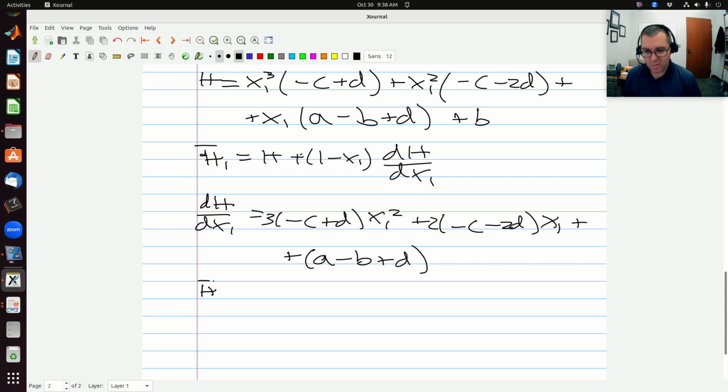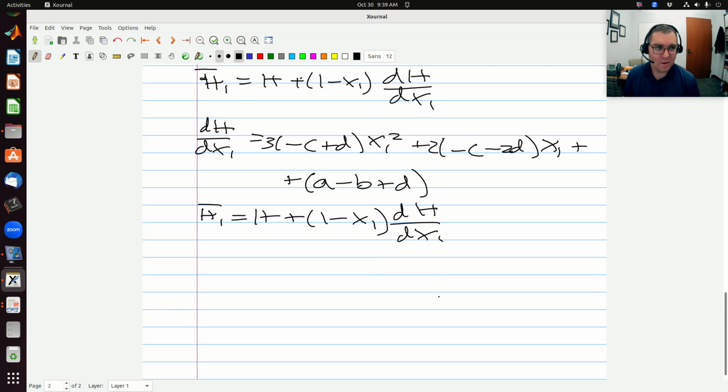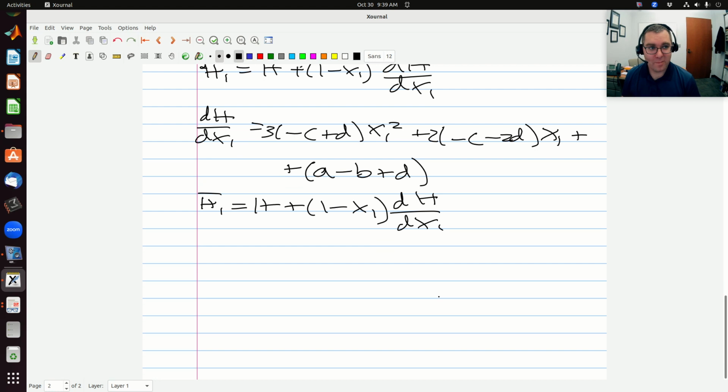So h bar 1 then is going to be equal to h plus 1 minus x1 times dh/dx1. My apologies, I probably should have done this in Matlab, the symbolic calculator. Maybe we'll have another video in which we do that.